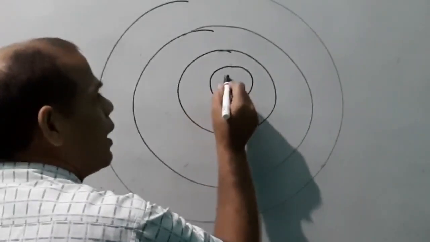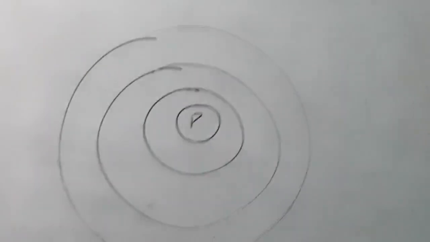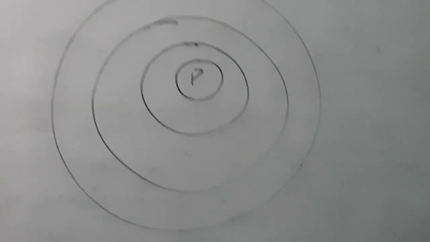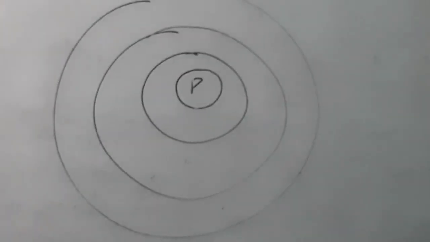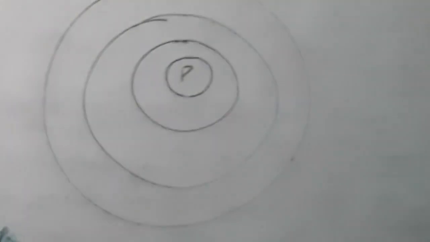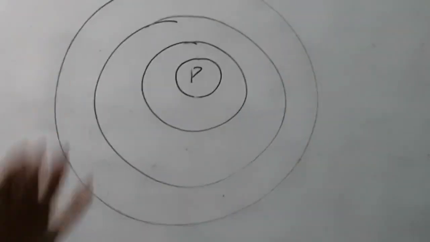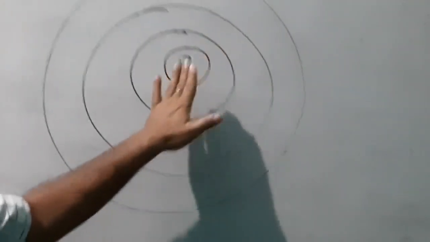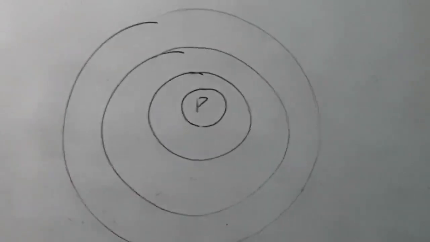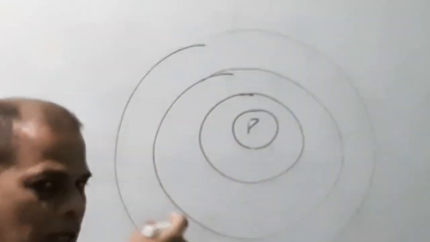So, the existence of the proton, they found it inside the atom. The proton is somewhere inside, and the electrons are moving around it.